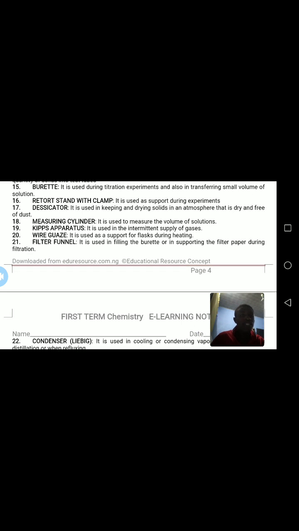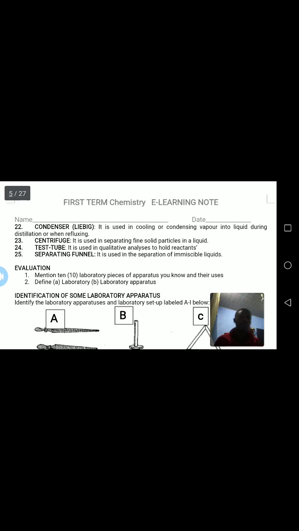A filter funnel is used in filling the burette or in supporting the filter paper during filtration, when you're carrying out filtration. Okay, the next one, number 22, about 25, we're almost there. Number 22 is condenser, or it's called Liebig.